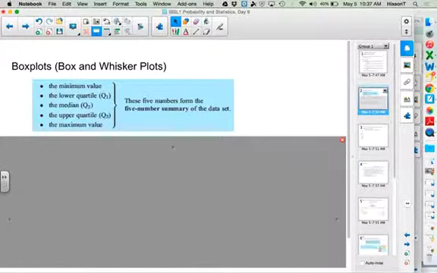If you're asked for the 5-number summary, these are the 5 values you want: your minimum value, your lower quartile or first quartile, your median, your upper or third quartile, and then the max. Those 5 really construct our box and whisker plot.